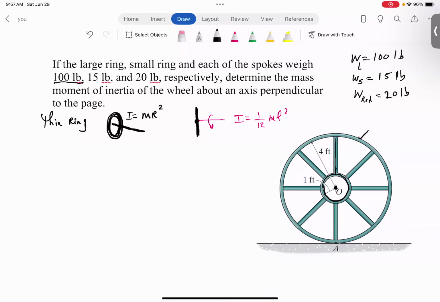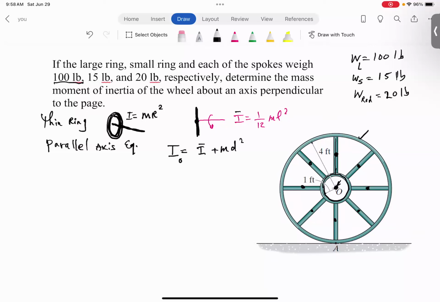But we have to be careful: that is the mass moment of inertia here, here, here, and they're identical, by the way. You have to move them to the axis of rotation of the wheel. There is a formula called the parallel axis equation, based on the parallel axis theorem. It says I with respect to whatever axis you want to move it to, say I sub O, is I bar plus md squared.